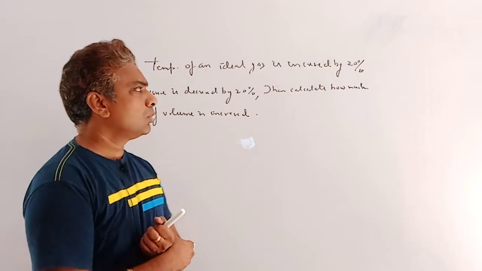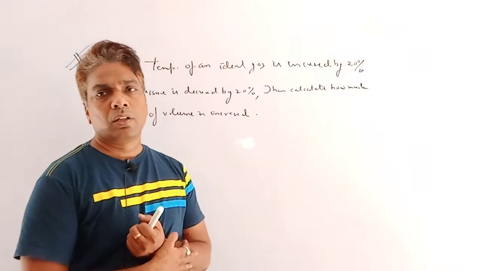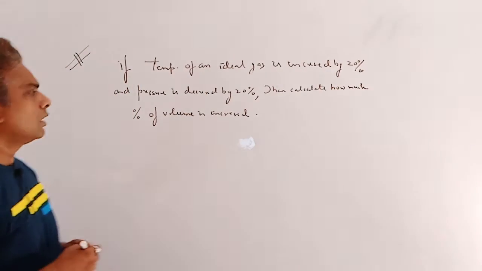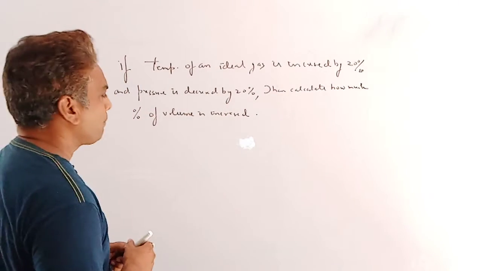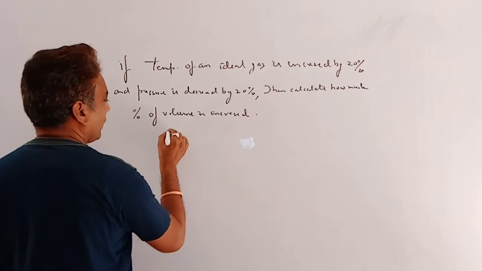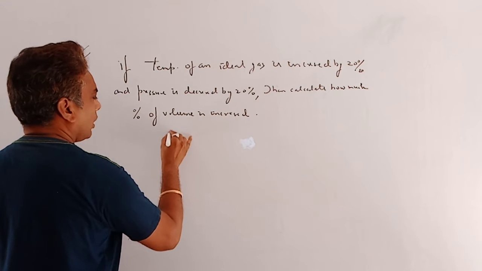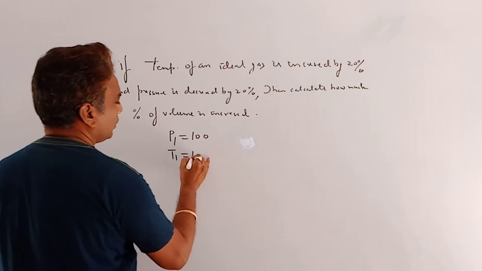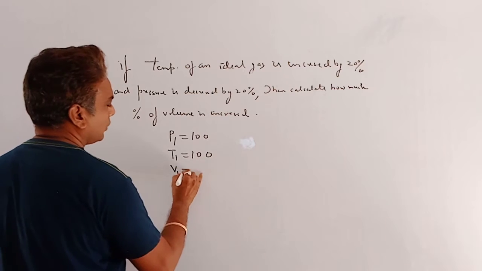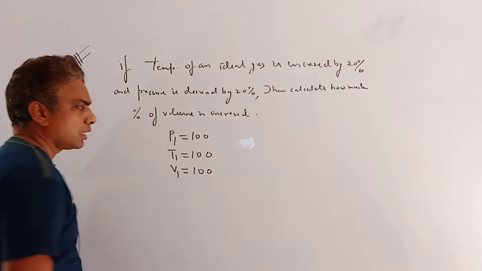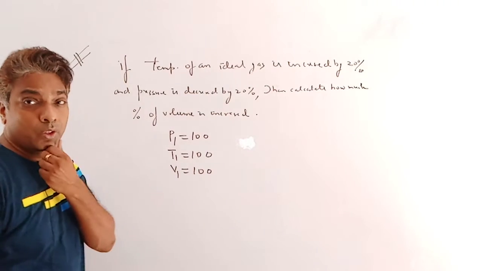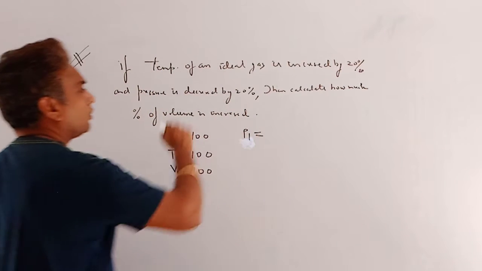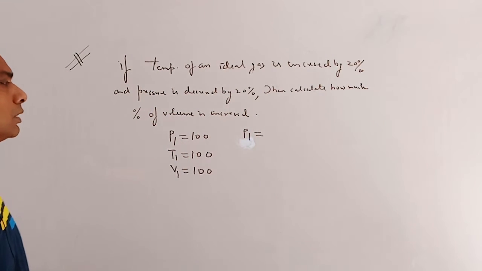as compared to other assumptions. Clear? So initially, suppose P1 is assumed as 100, T1 is assumed as 100 and V1 is also assumed as 100. So according to the question, pressure is decreased by 20%.